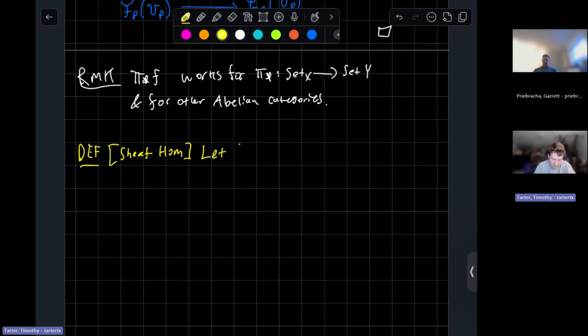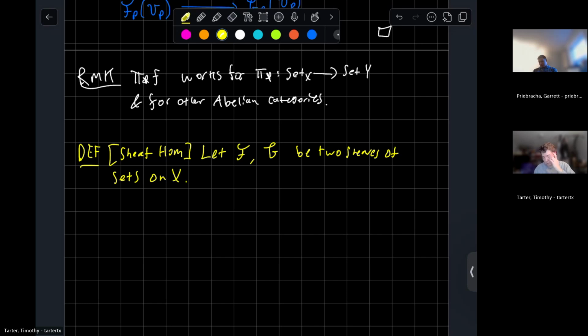Okay, so let f and g be two sheaves of sets on X, and then let hom f to g be the collection of data.